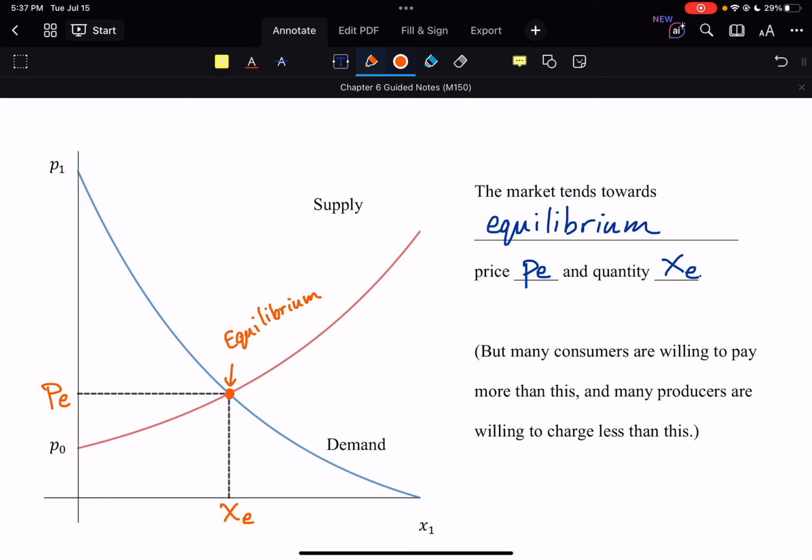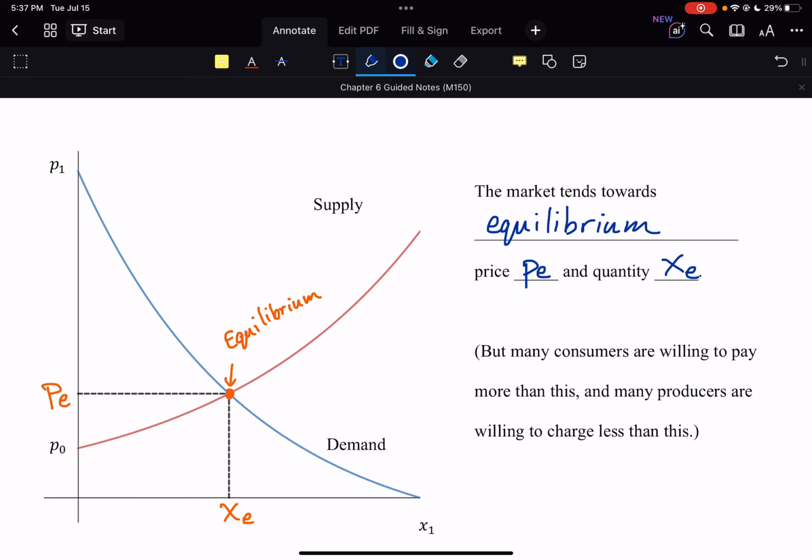Now, an important thing to take note of with equilibrium is that it is kind of like a compromise. It's kind of a win-win situation for everybody. The producers don't get to charge maybe as much as they want, but they are charging a satisfactory amount.